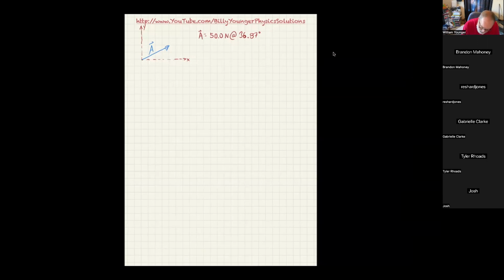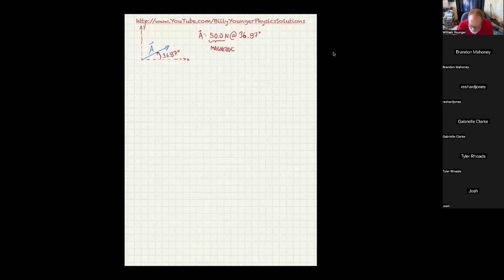So in this case, we're saying this angle right here is 36.87 degrees. Now, this quantity right here is called the magnitude.